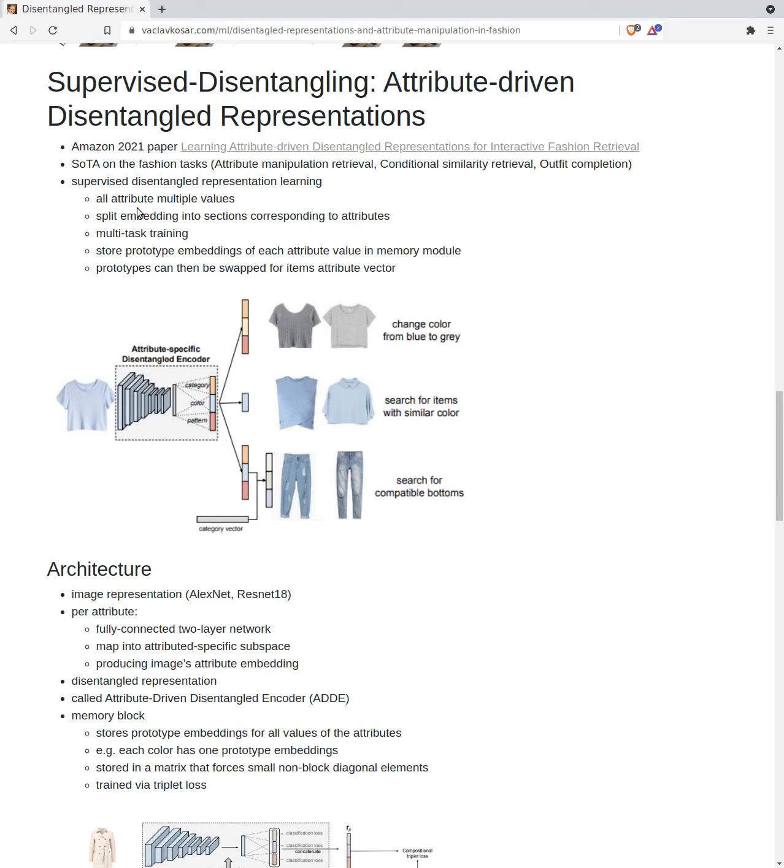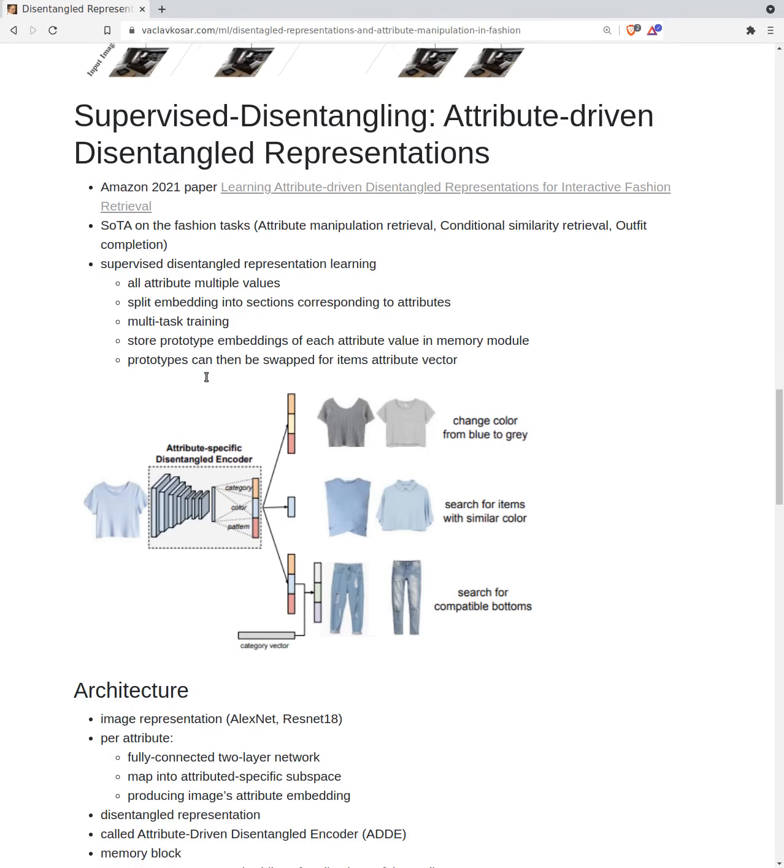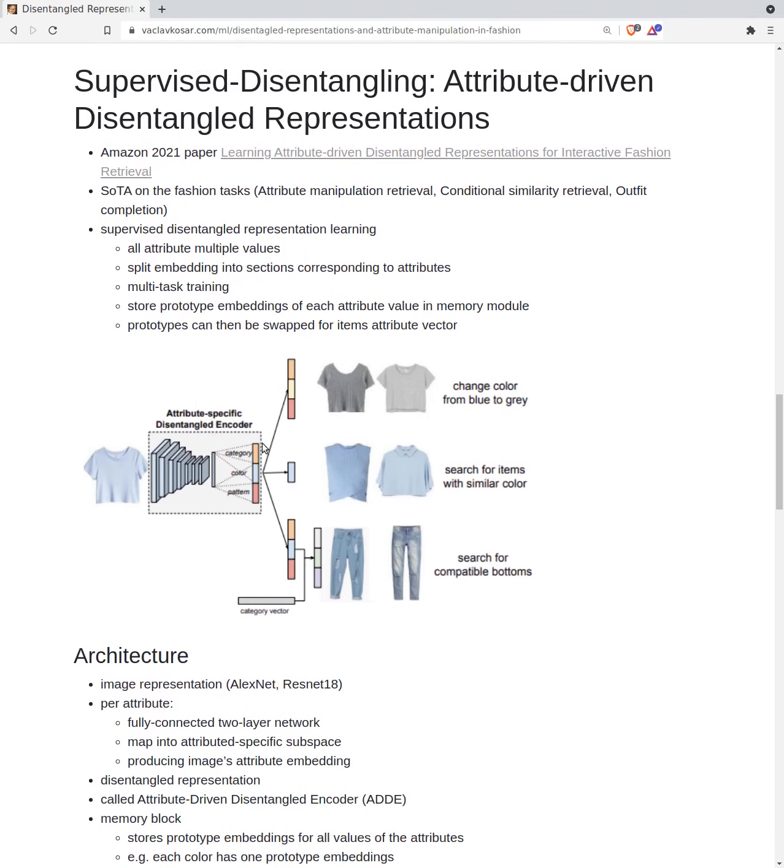All right, so what we have here is an image of a product. We get an embedding, for example, this one could be ResNet or AlexNet, and then, let me zoom a little bit. All right, and then we do this multitask training, and as a result, we get an embedding which is explicitly separated into three parts.